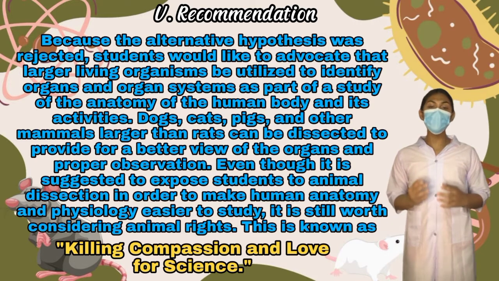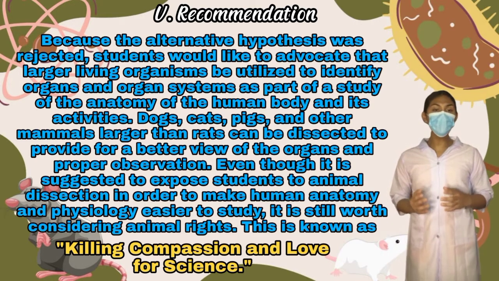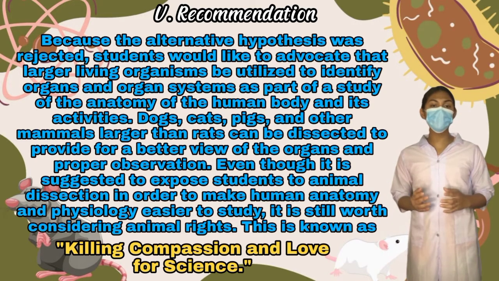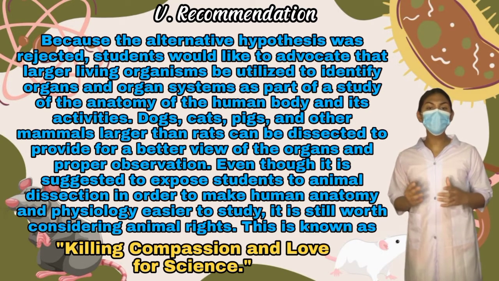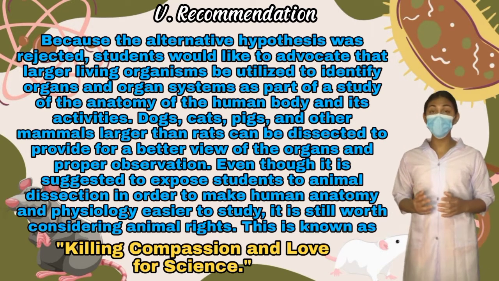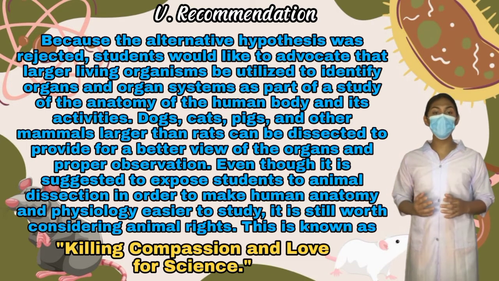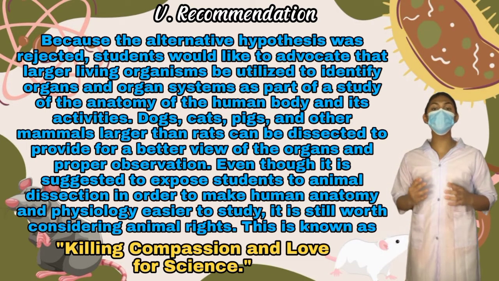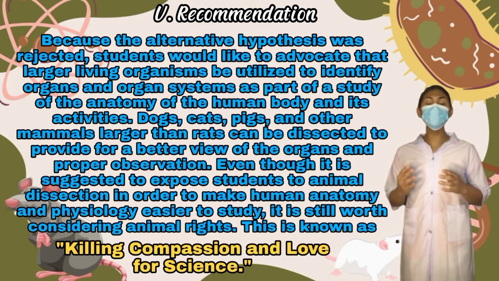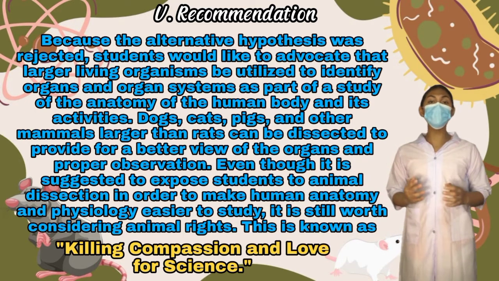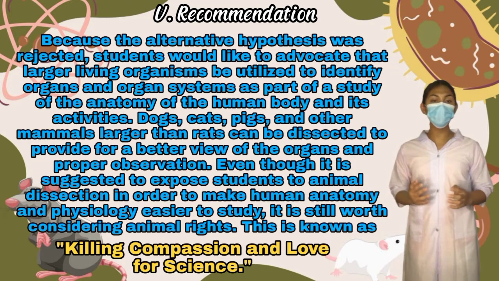Dogs, cats, pigs, or any mammals larger than rats can be dissected for a clearer view of the organs and proper observations. But it is still worth considering respecting the lives of animals, even though it is suggested to expose students to the dissection of animals to make it easier to study human anatomy and physiology, and it is known by the phrase, killing, compassion, and love.